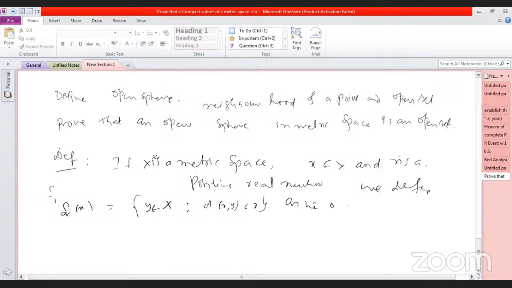Correct, Narayan garu? Or open ball with the center x and the radius r. Clear? This is the definition of open sphere.